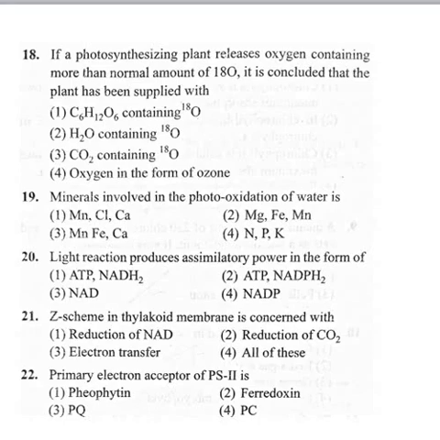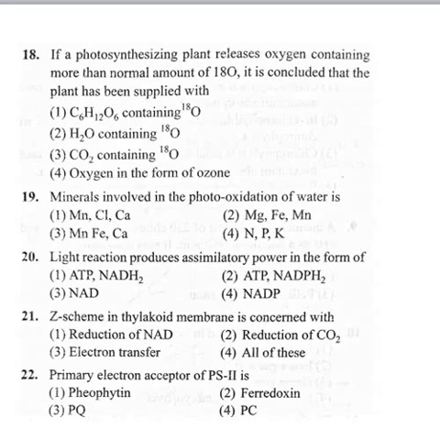Now coming to the 20th question. Light reaction produces assimilatory power in the form of option 1 ATP and NADH2, option 2 ATP and NADPH2, option 3 NAD, option 4 NADP.